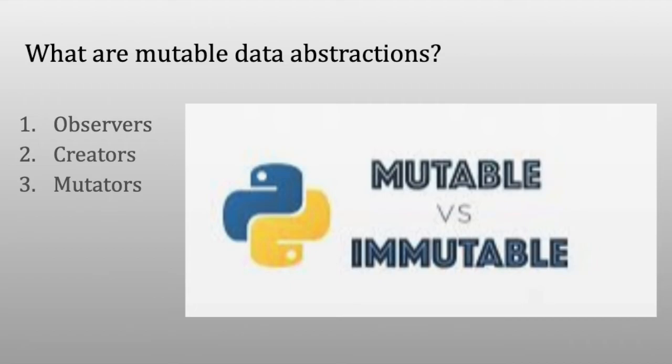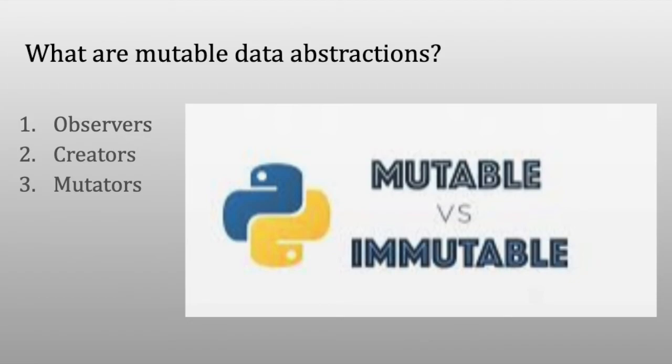Something important about a mutable data abstraction is that the operations should fit into one of the three following categories: observers, creators, or mutators. Observers are operations that return information without any side effects.